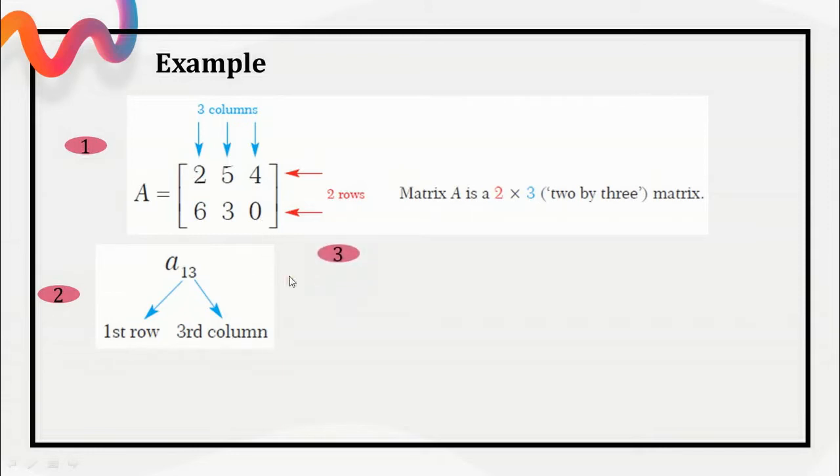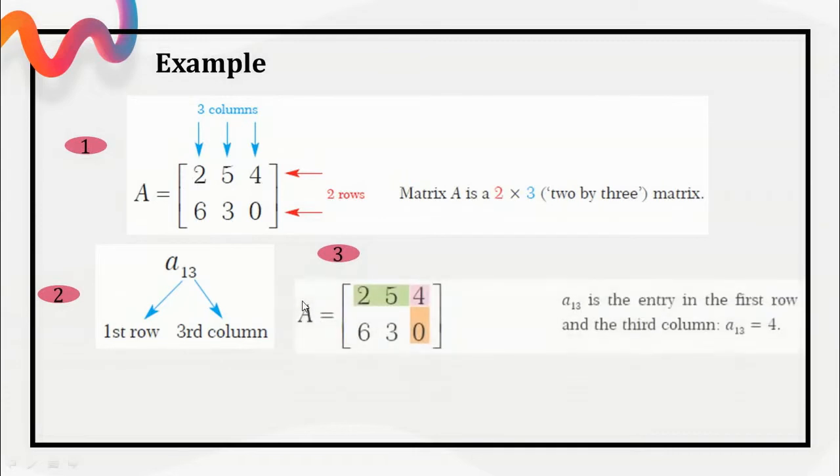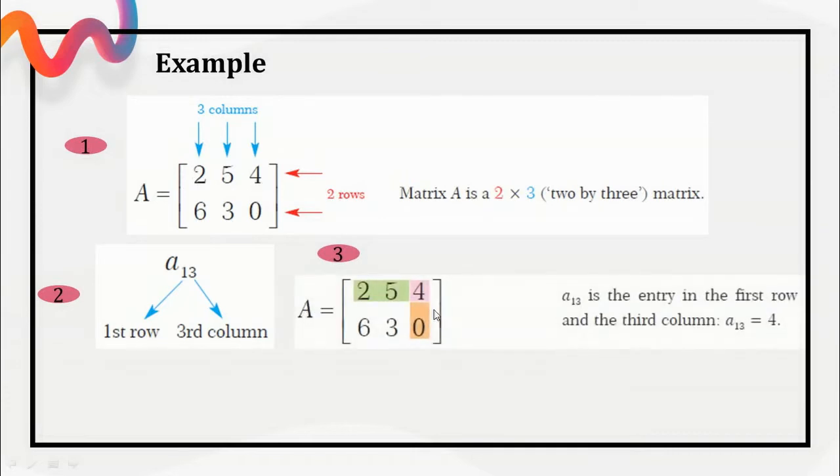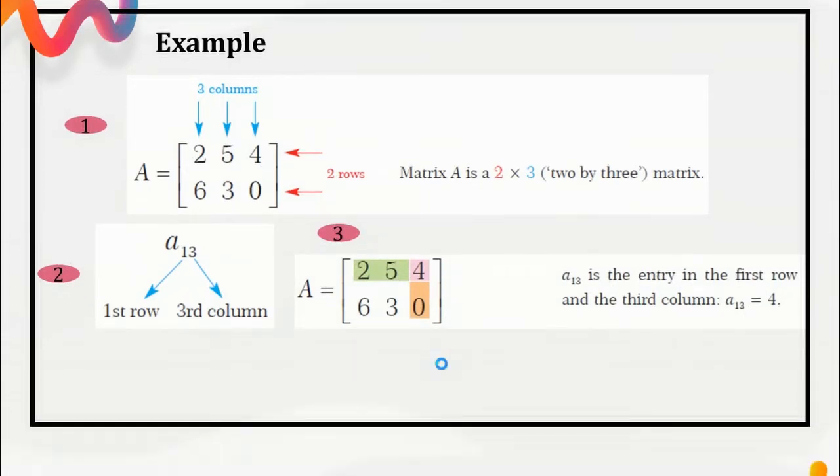So the answer is 4, correct. How about number 3? This is the explanation: A13 is the entry in the first row and the third column. A13 is 4, so you need to connect them. Okay, everyone?